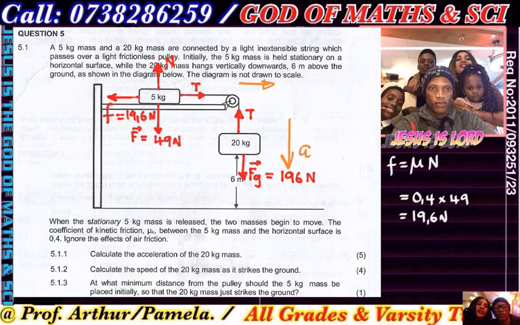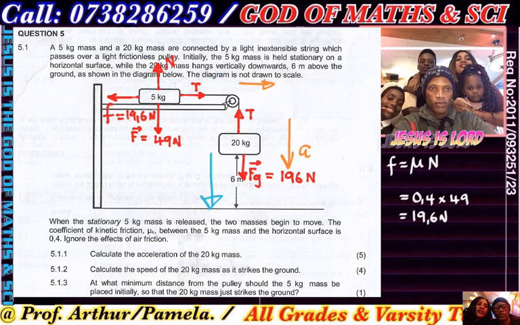Okay, so we're talking about the minimum distance. So what are they saying to us? They're saying, listen, this object, it's here. If it's here, it will travel downwards 6 meters. Therefore, this one will travel forward 6 meters.